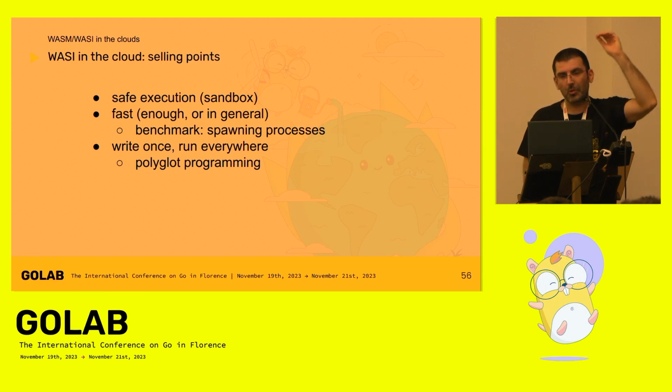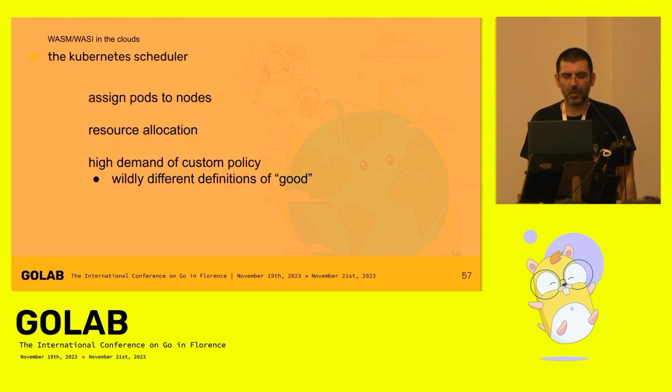But at the same time, you don't want to have everything baked in, because, you know, mileage may vary, different people have different expectations or different needs. So there is a strong need for customization, and having a sandboxed, safe, as far as you can get, environment and fast is a pretty good selling point.